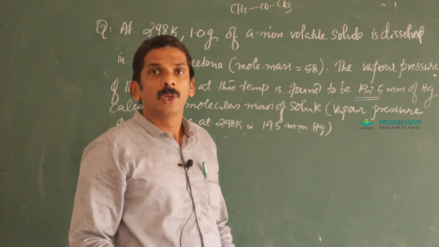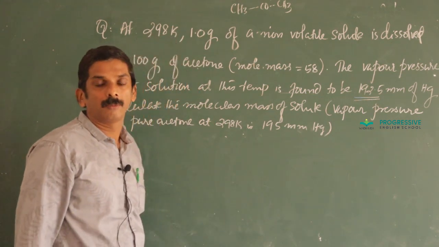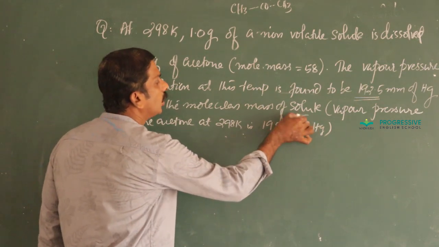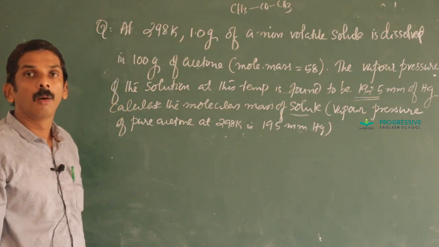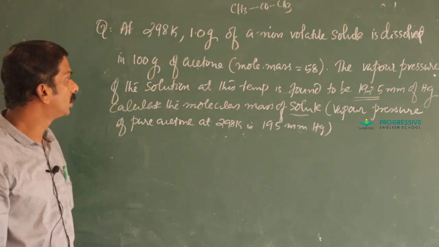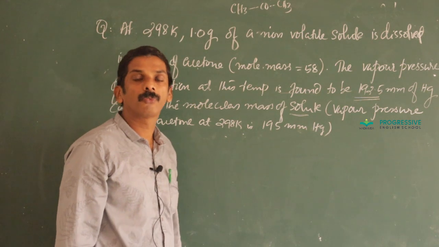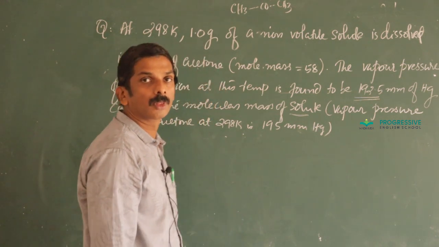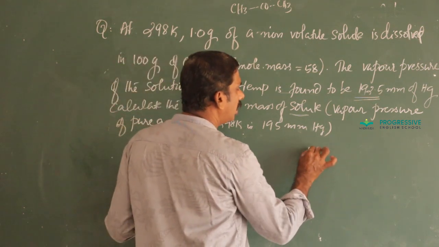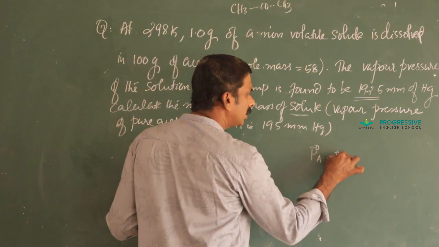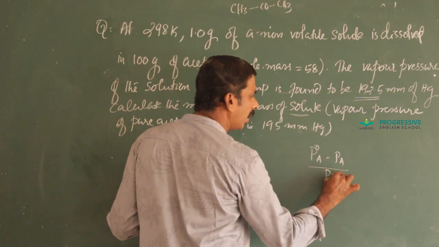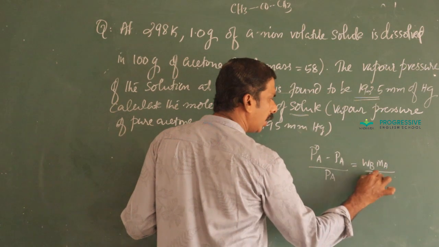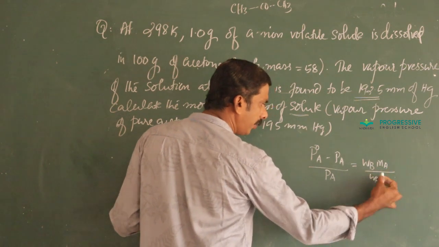Here you read the question thoroughly. What we have to find out is the molecular mass of the solute. What is the formula for finding this molecular mass? If you get this expression directly, we have P0A minus PA divided by P0A equal to WB MA divided by WA MB.